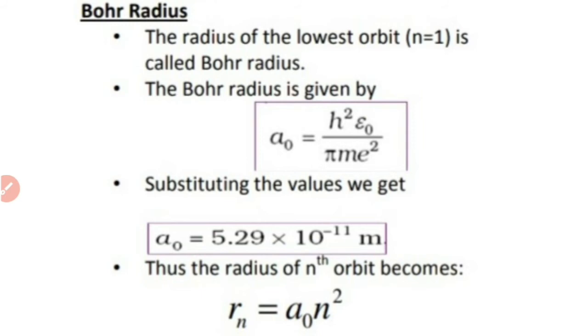So Bohr radius is always represented by the letter A0, and that is h square epsilon 0 by pi m e square. Substituting the values, we have that Bohr radius as 5.29 into 10 raised to minus 11 meter. So in terms of that Bohr radius, we can write the expression for the nth orbit in the hydrogen atom as Rn equal to A0 n square.